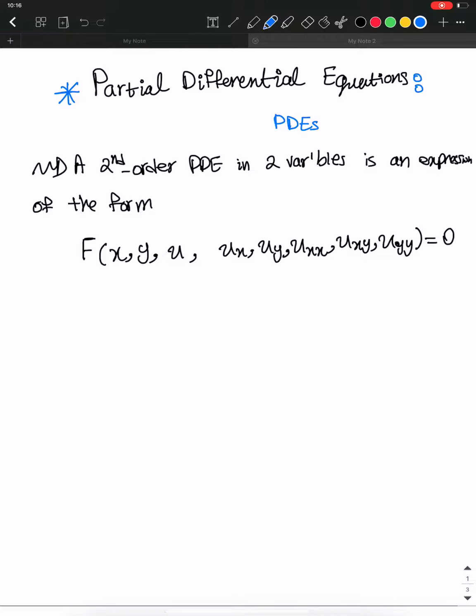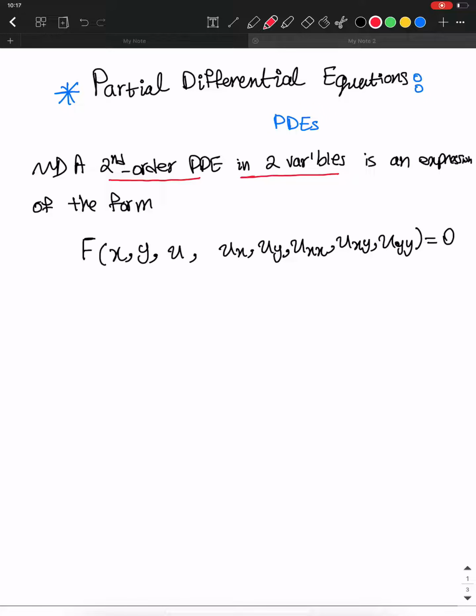Okay, so first, this is a second order PDE, and it is in two variables.